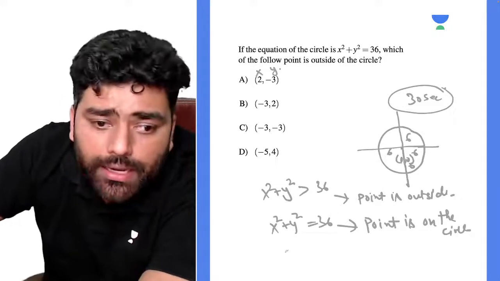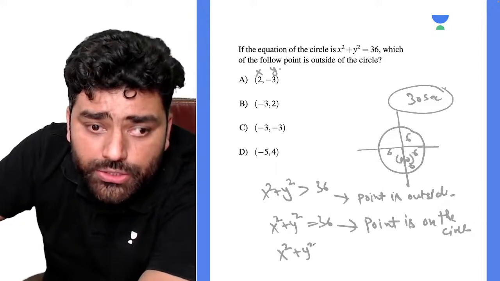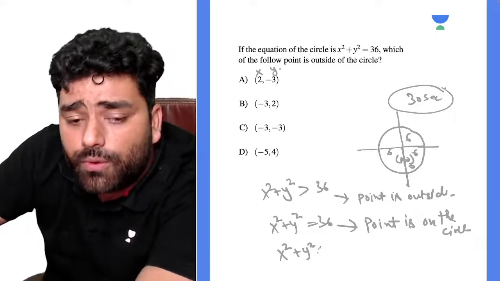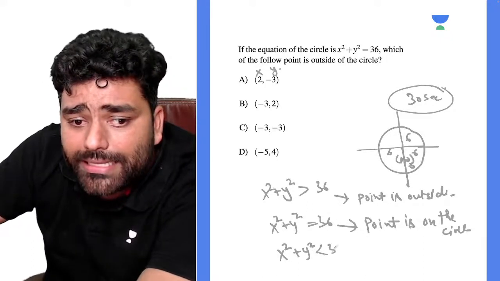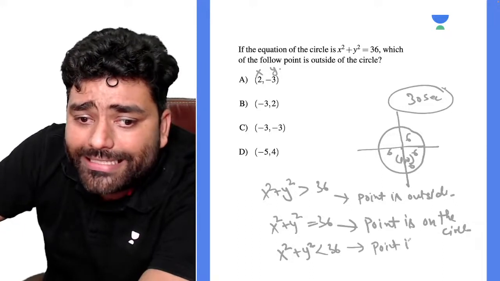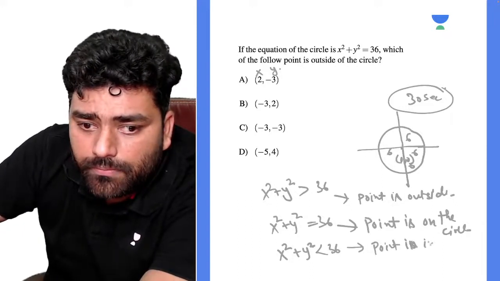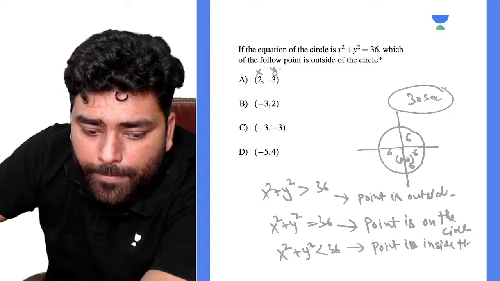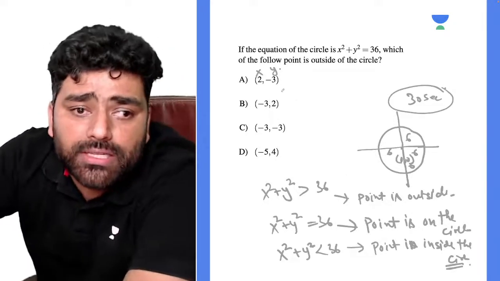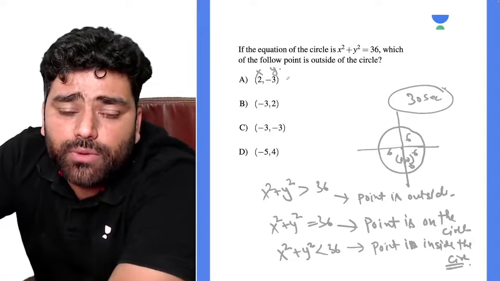And if x square plus y square is less than 36, that means that point is inside the circle.